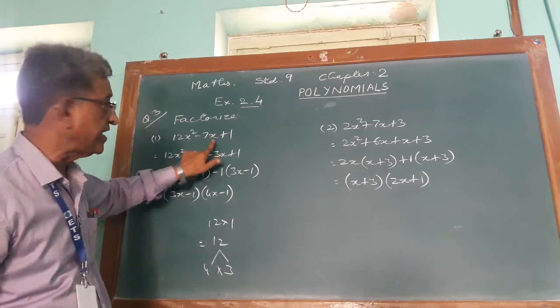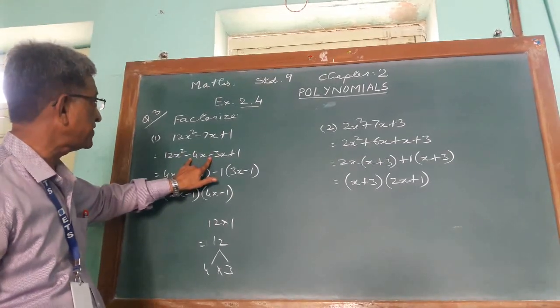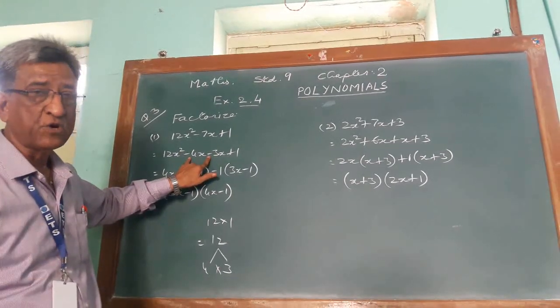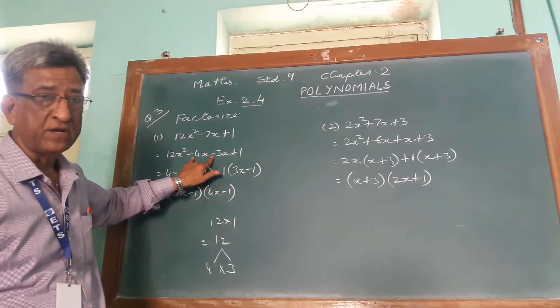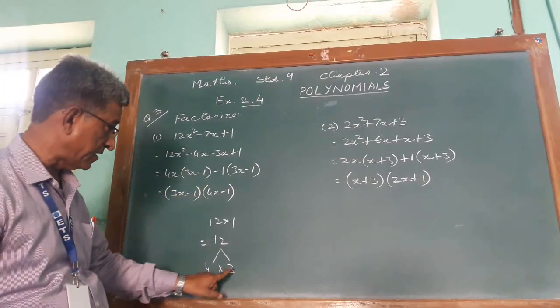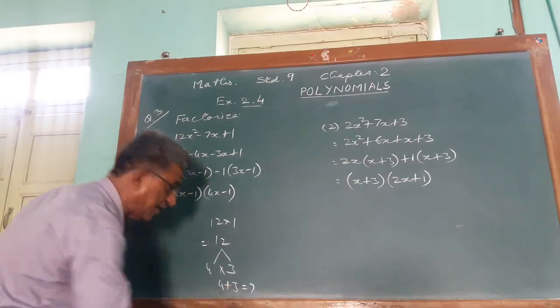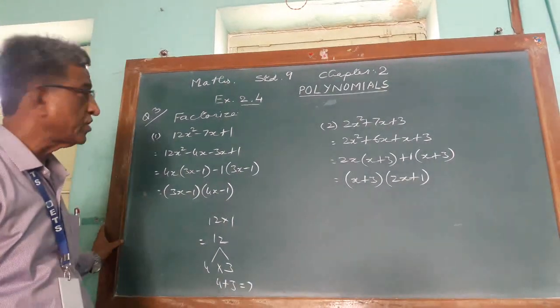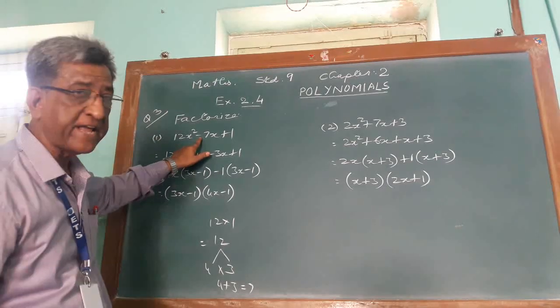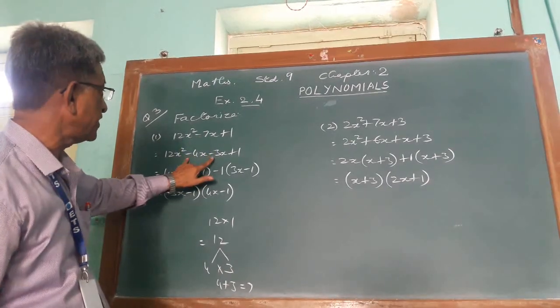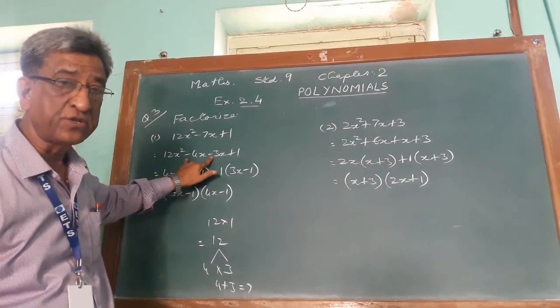Instead of 7x, I have written minus 4x and minus 3x, because 4 3s are 12 and 4 plus 3 equal to 7. So I have split minus 7x into two parts, minus 4x and minus 3x.